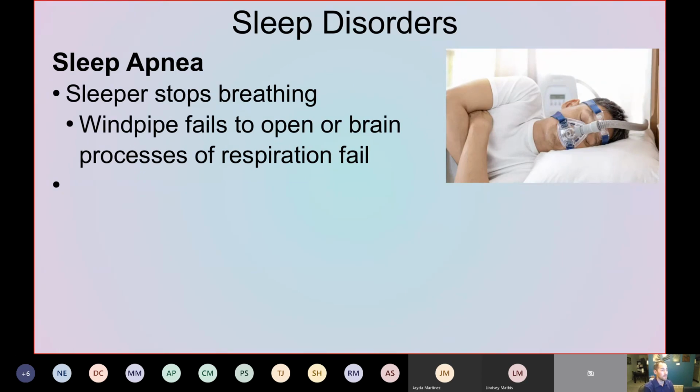Especially sleep apnea, which is the last sleep disorder I think we'll have time for. Essentially, the sleeper stops breathing during sleep. With that, the windpipe fails to open, or the brain processes sending messages to breathe fail. So the brain just doesn't send that message. Whether it's the windpipe closing itself or the brain not saying, hey, breathe, either way, the person stops breathing.